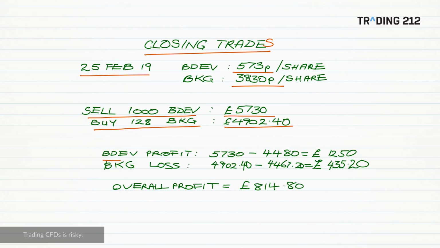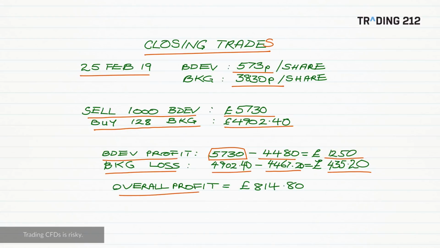That is a buying cost of £4,902.40. So our profit on Barratt is that sale value that we just had minus the opening cost, which gives you a profit of £1,250. And then your loss on Berkeley Group is that buying cost you just paid minus the sale value at the open when you went short, which gives you this loss of £435.20.